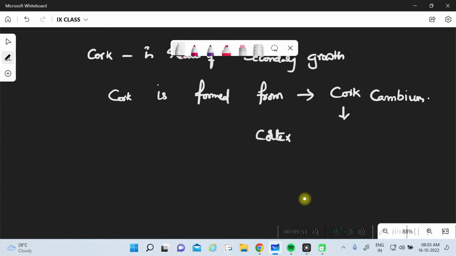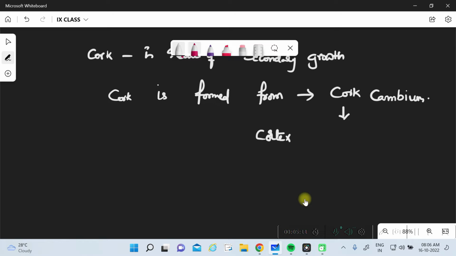For your knowledge, just remember these terminologies so that they can be easily memorized and presented in the examination, because we do not need to go into the deeper parts of how this cork cambium forms.